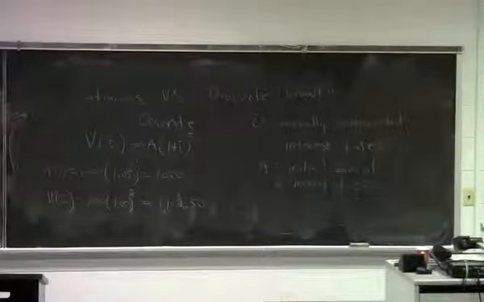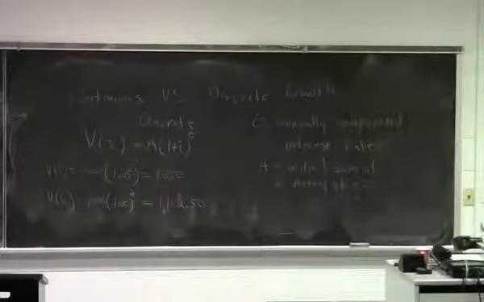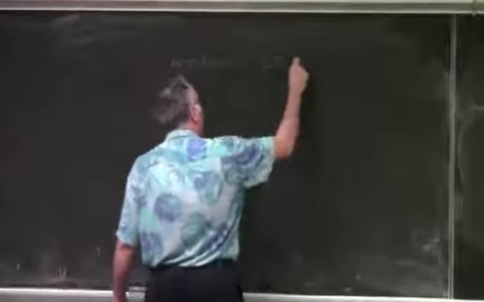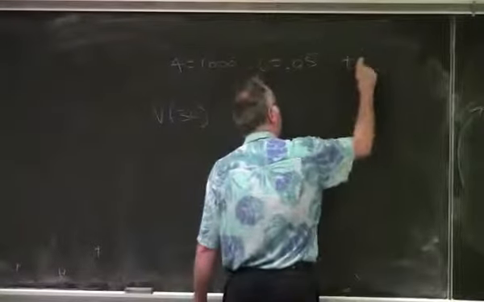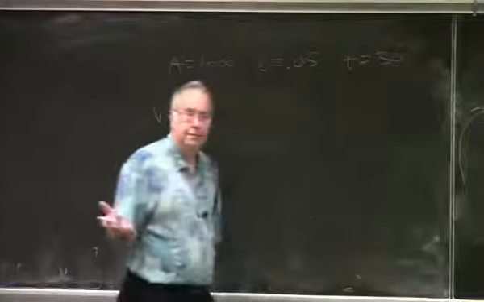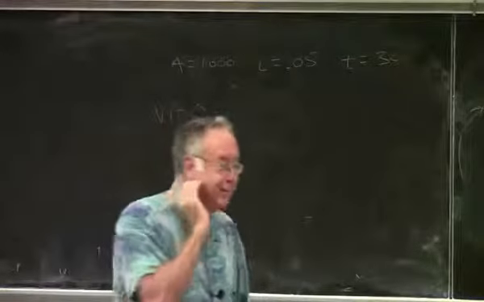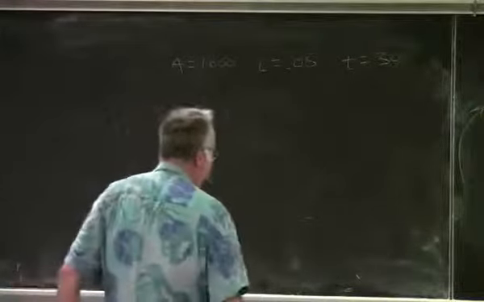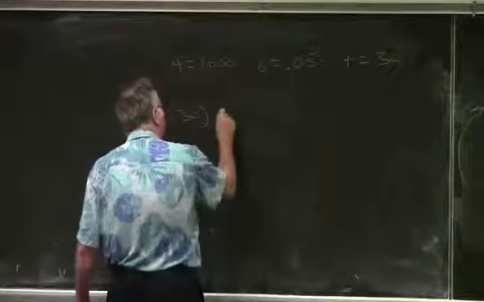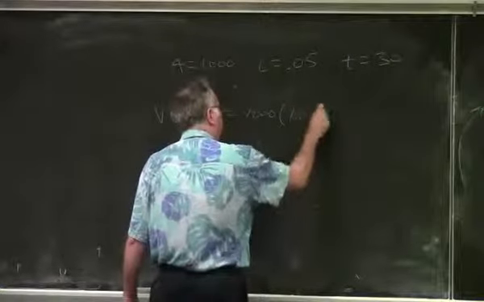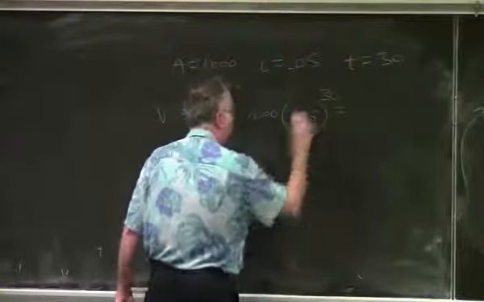Well, what would be the formula you would use for that? What is V of 30 in this case? Anybody got it? Don't be shy. Okay, so it would just be this, 1,000 times 1.05 raised to the 30th power.